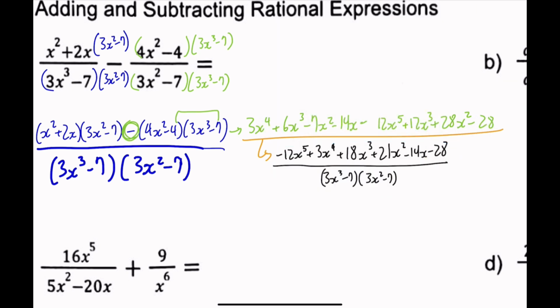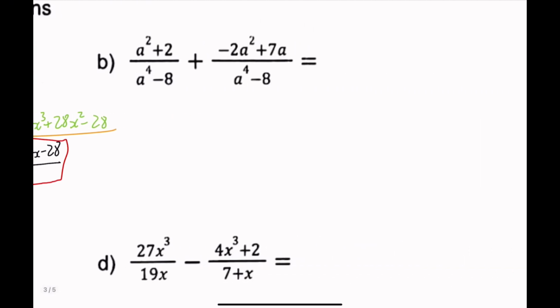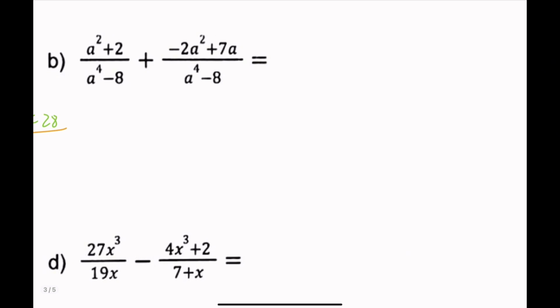Number B: a squared plus 2, over a to the 4th minus 8, plus this thing. Good news, these two denominators are the same, so we can just put them all together. A to the 4th power minus 8, and then this plus this is a squared plus 2 minus 2a squared plus 7a, and these can be simplified to negative a squared.